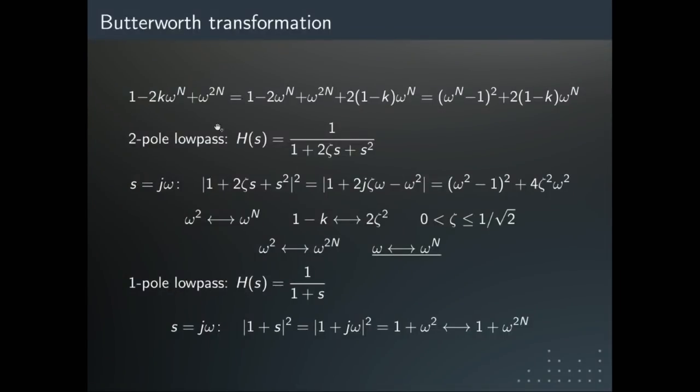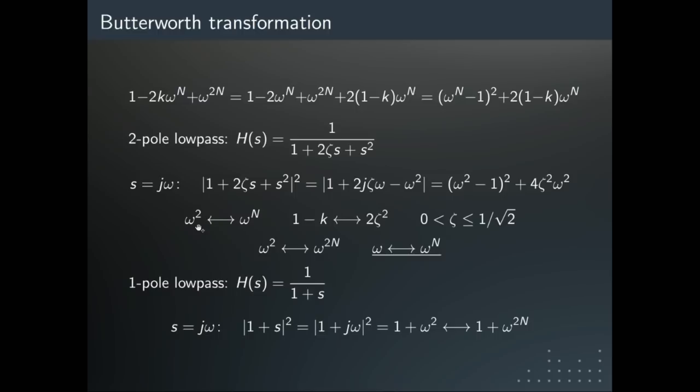By rewriting the denominator in a slightly different way, like this, I noticed that it's almost identical to the denominator of the two-pole low-pass filter written in the same form, so basically the squared magnitude response denominator. The difference is here I'm having omega to the nth power, here I'm having omega squared. And this other part is not a difference, it's just how you define control parameters, it doesn't matter.